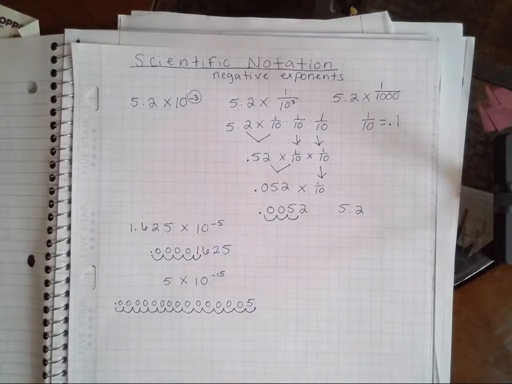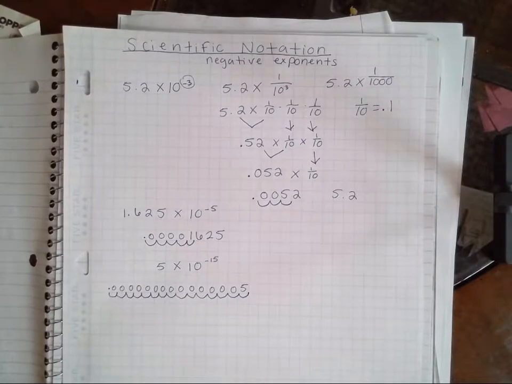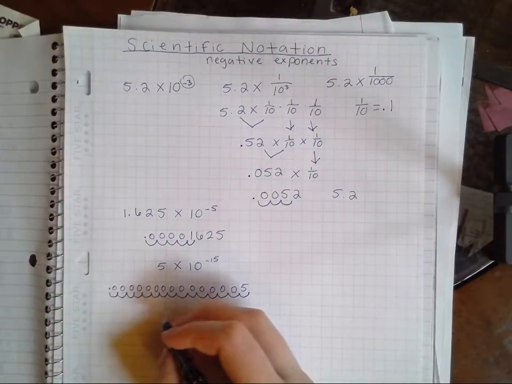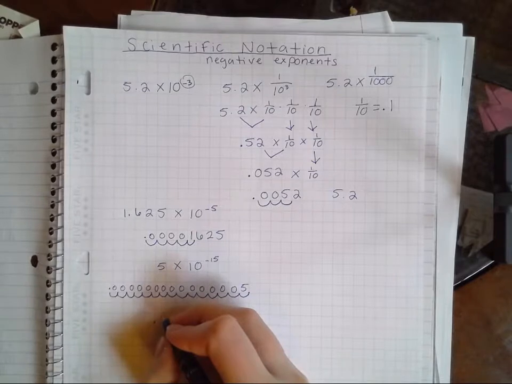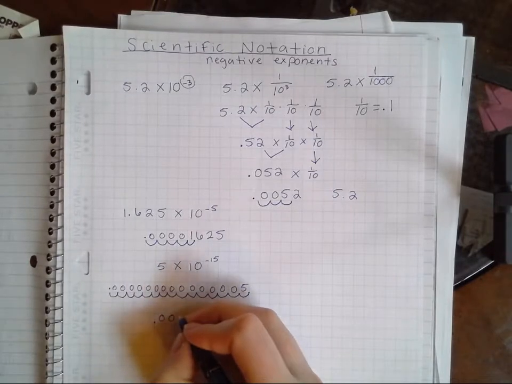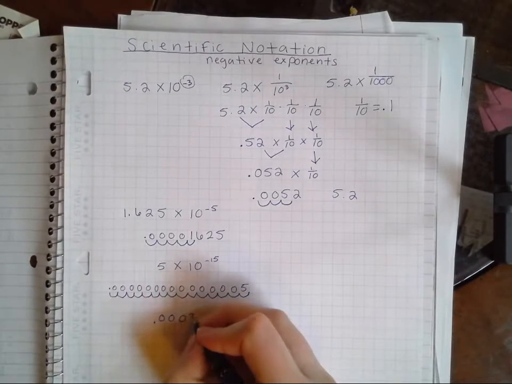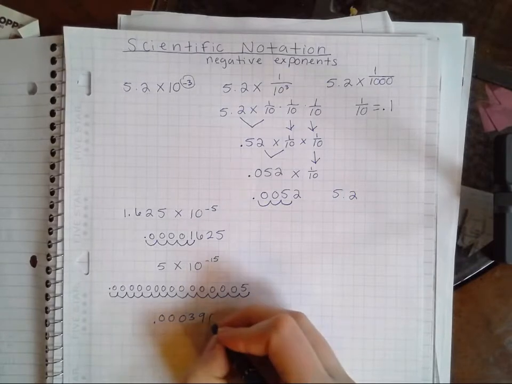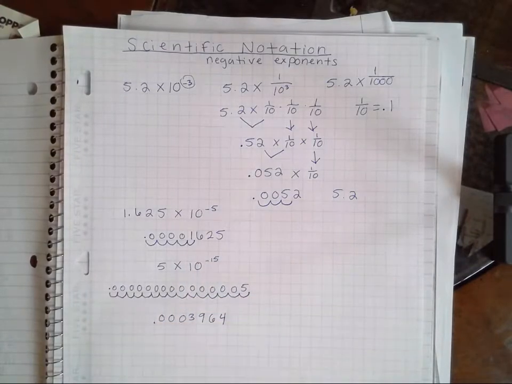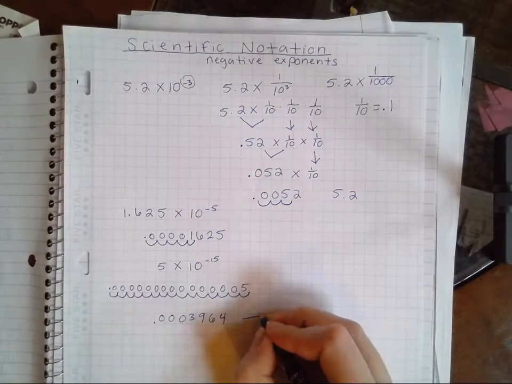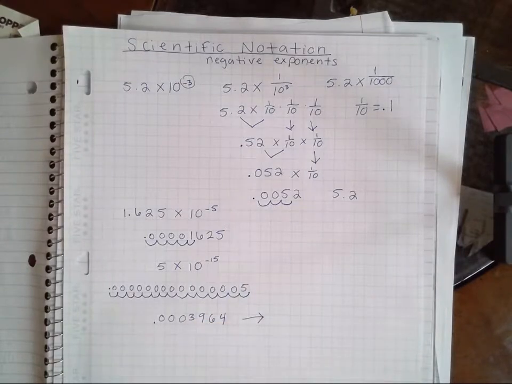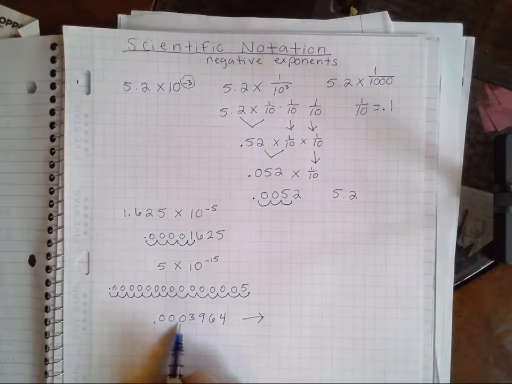You can do it backwards, just like you can do with positive exponents. So if you started out with a number like 0.003964, and you're trying to turn that into scientific notation, the first time that we can get a number over 1 is right there at 3.